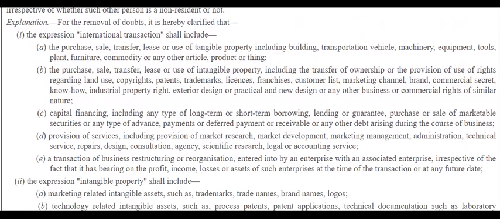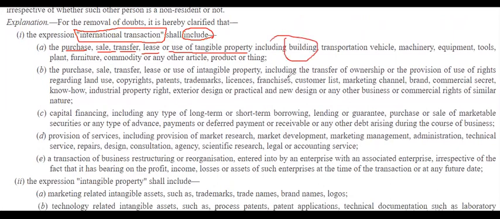The explanation to the subsection provides that the expression international transaction includes purchase, sale, transfer, lease, use of tangible property, including building, transportation vehicle, machinery, equipment, tools, plant, furniture, commodity, or any other article, product, or thing.